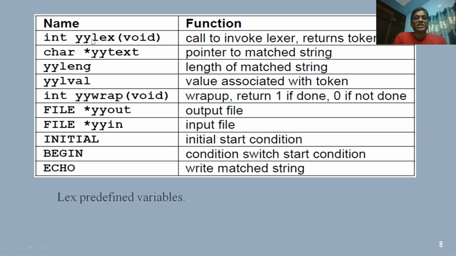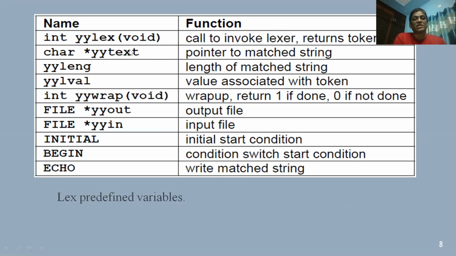You need to understand this. yylex is a function which is called from main to invoke the actual lexer. So we write this function in every Lex program inside the main function. This invokes the lexer, so we need to write it. And yytext represents the matched string, the pattern which is matched till now.